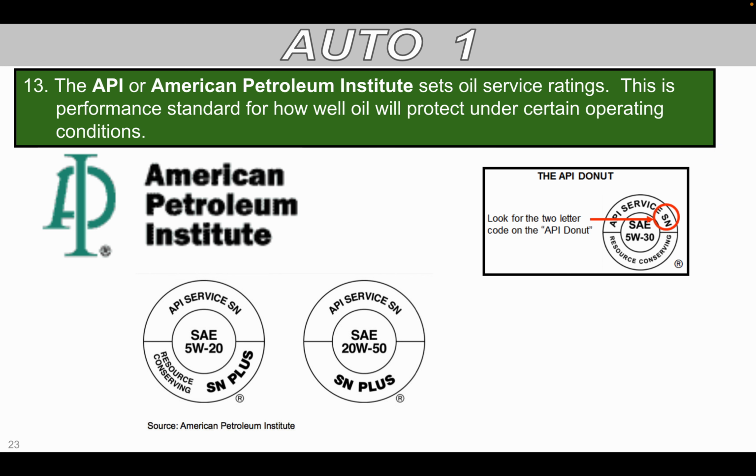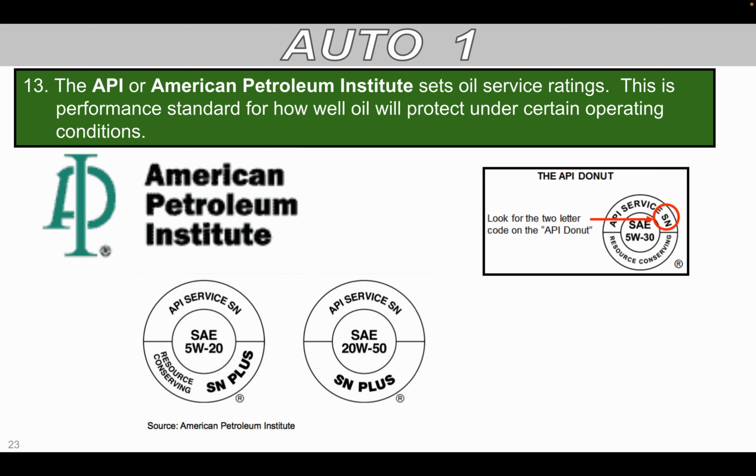Any bottle of oil that you have is going to have this on there. It's called a donut because it looks like a donut, right?